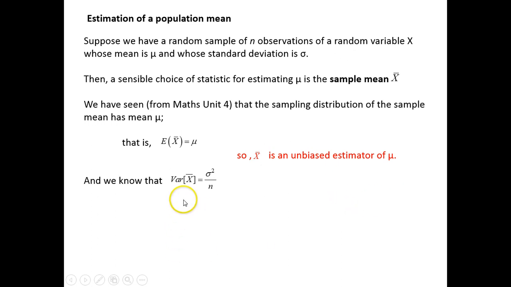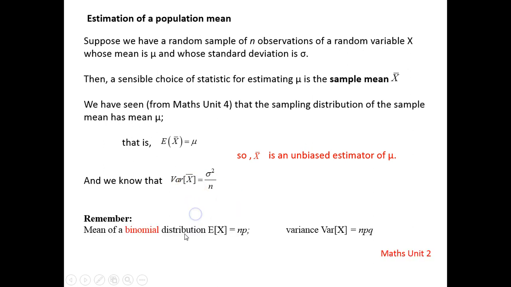We know that the variance of x bar is sigma squared over n for a sample. We also need to remember that the mean of a binomial distribution is np and the variance of a binomial distribution is npq from Maths Unit 2. We're going to use that later.